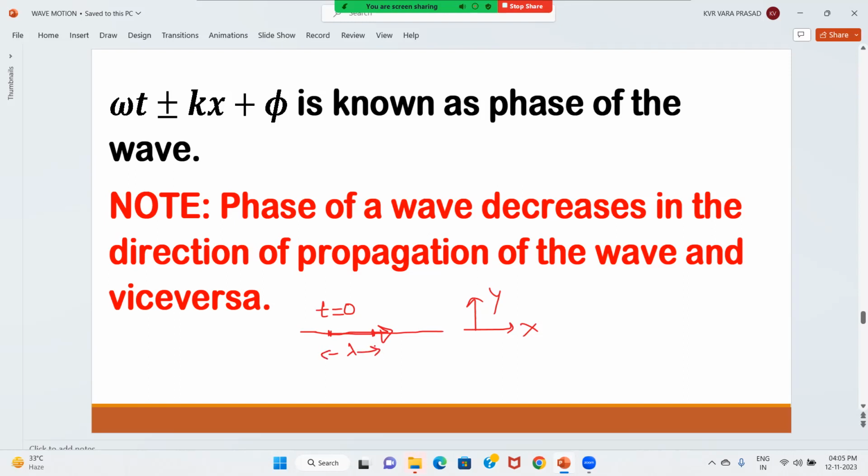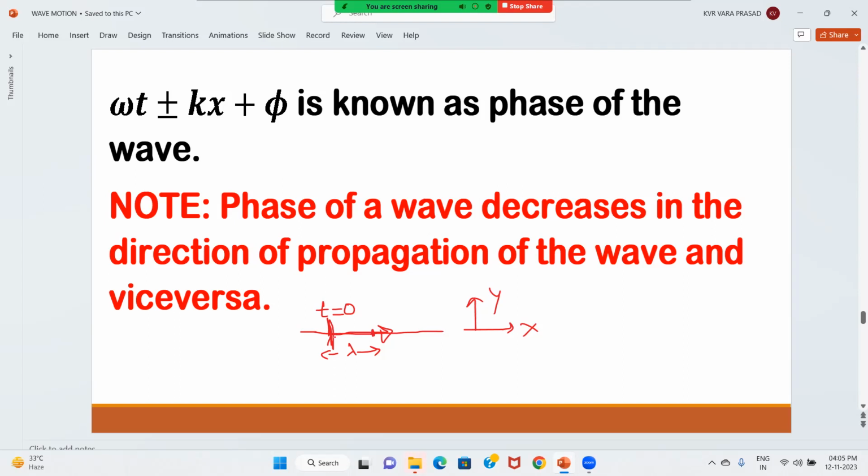We have discussed that the distance moved by energy during one oscillation is called wavelength. When this particle completes one oscillation, energy moves a distance λ. That means now this point starts oscillating.